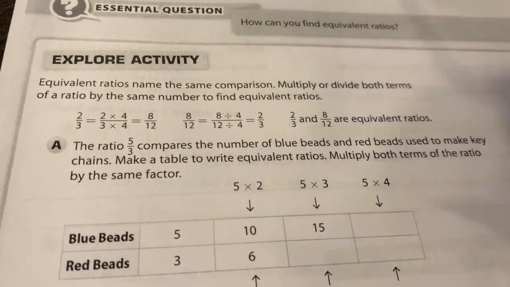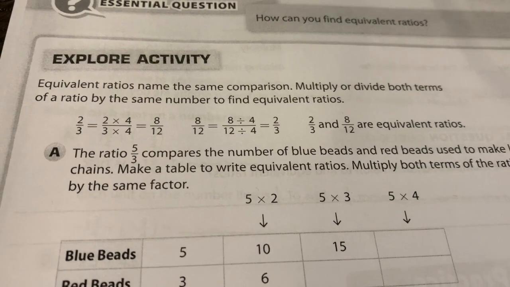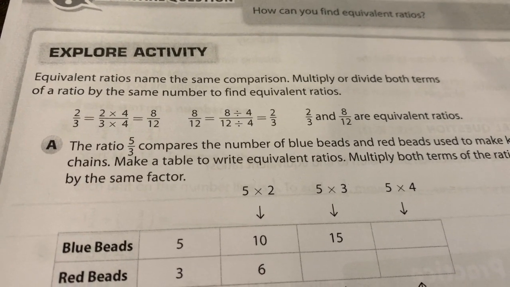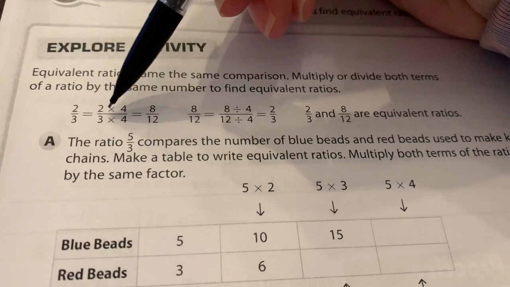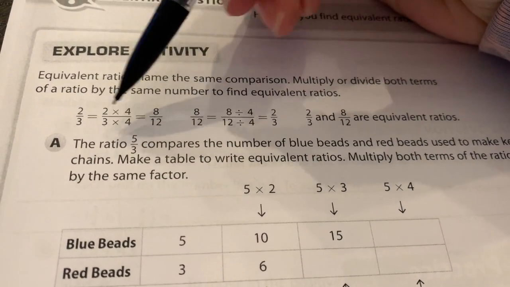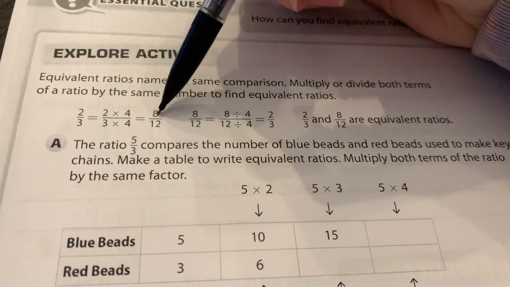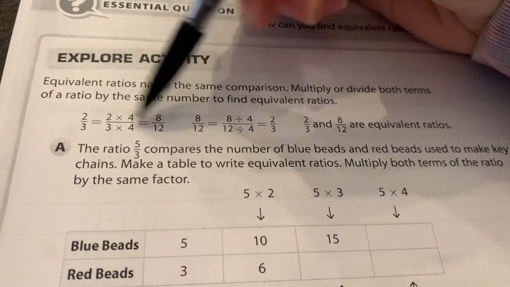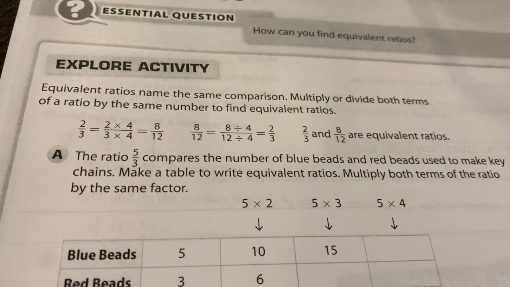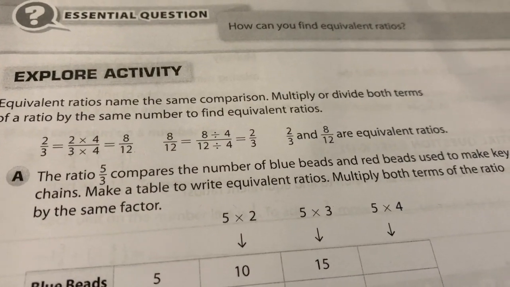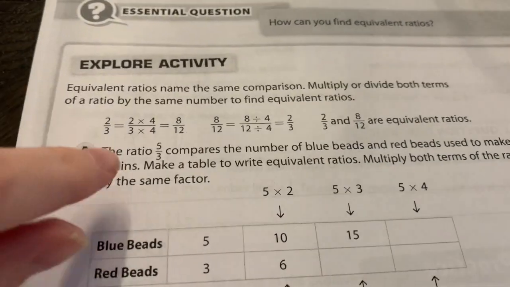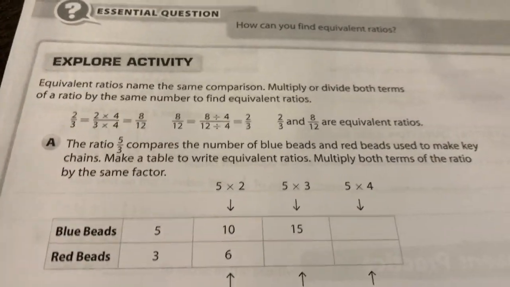So when you create equivalent ratios, they're still comparing the same ratio. So if I multiply both my 2 and my 3 by 4, I get 8 to 12, which is an equivalent ratio to 2 to 3. Okay, so if there are 8 boys in the class, then there are 12 girls. It's the same ratio as the original.